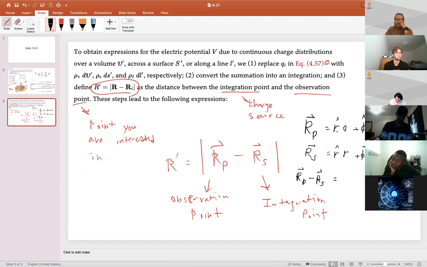So in this direction we should have minus R, and in the Z direction we have this. And so what's the magnitude of this? It'll just be the square root of r squared plus z squared. Or H squared, since we already chose a specific H.